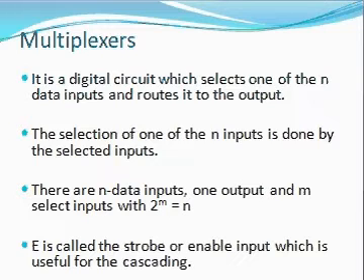There are n data inputs, one output, and m is known as the number of selection inputs. So the logical expression of a multiplexer is 2 power m is equal to n. And a control input E is called strobe or enable input, which is useful for cascading.